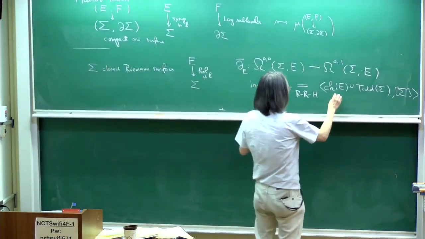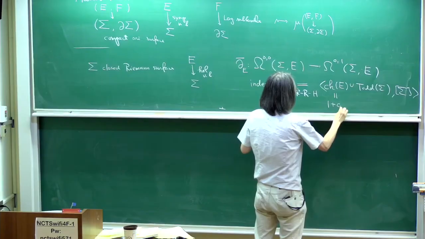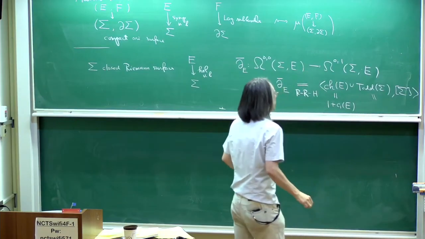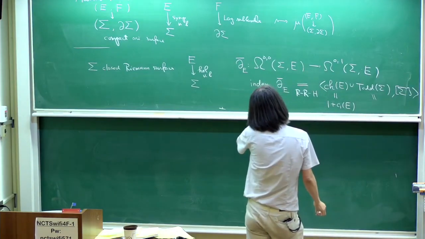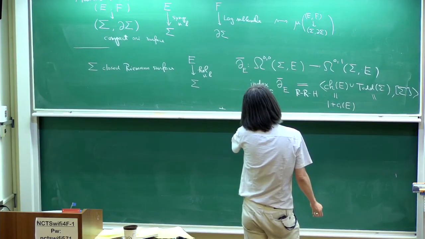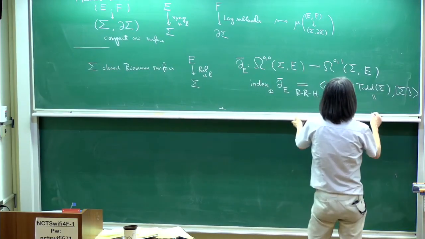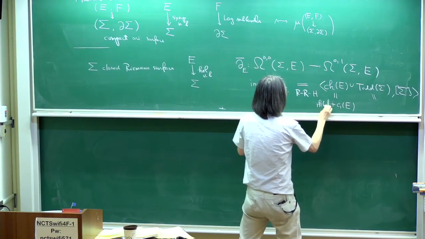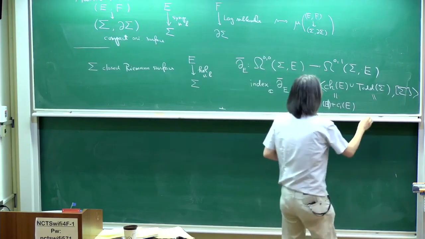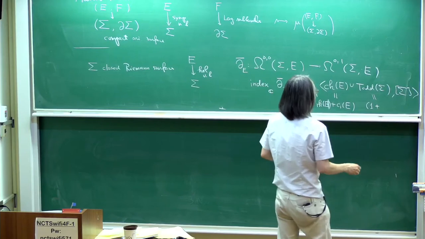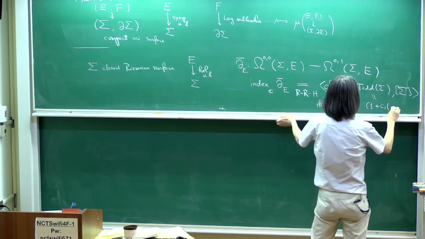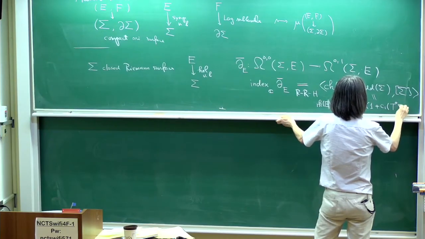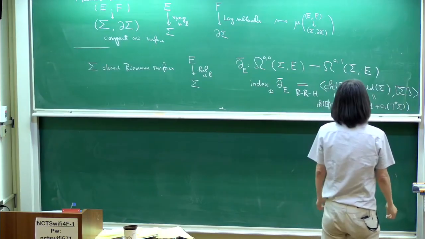So in that case, it is only 1 plus c1 of E here. And this one is, wait a minute, what? Sorry, this is not correct. This is the rank of E here. And then here, the total class is maybe just 1 plus c1 of T star sigma or something like this. Is it correct?